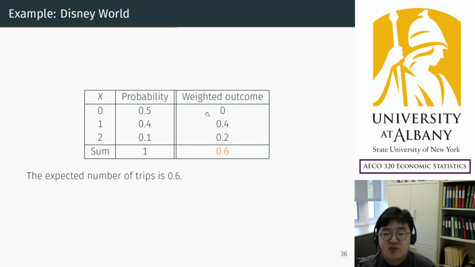These are probability weighted outcomes. And sum them, then the expected value is 0.6 on average. I expect we are going to go to Disney World expectedly 0.6 times, right? So this is a simple exercise.